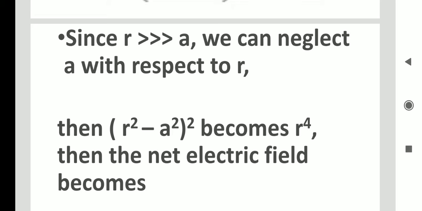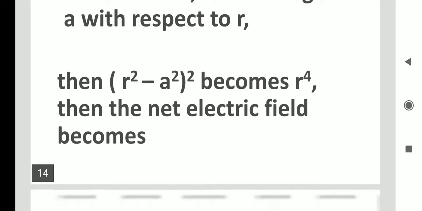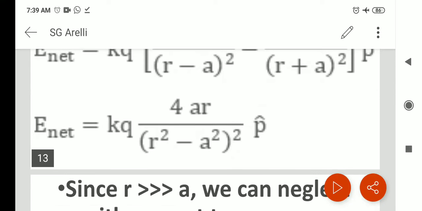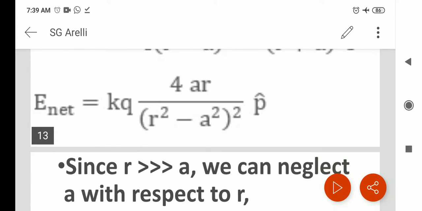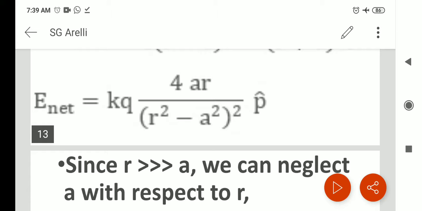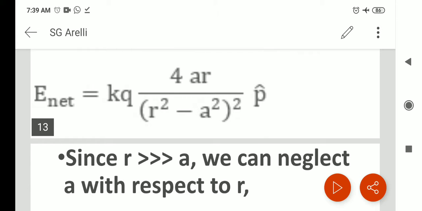Then the net electric field becomes 4KAQ by R cube into P cap. See here, we are neglecting the value of A because it is very small compared to R, so the denominator is considered as R to the power of 4.